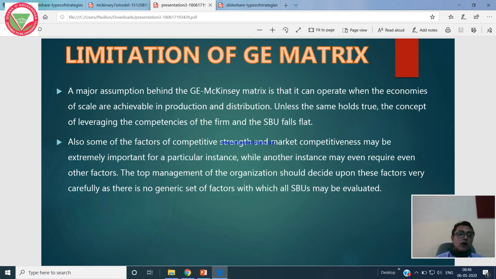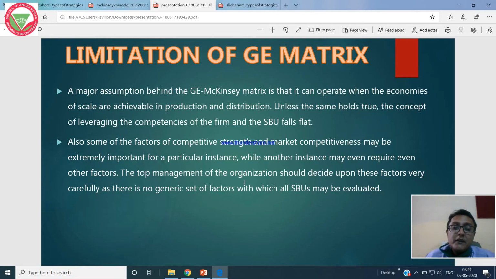See, all comes good when the economy is growing, but when the economy itself is not growing, like the current situation, I don't know how far the GE matrix and BCG matrix can be applicable in the current scenario. But still, the first assumption of the GE matrix is that it can operate when economies of scale are achievable in production and distribution.